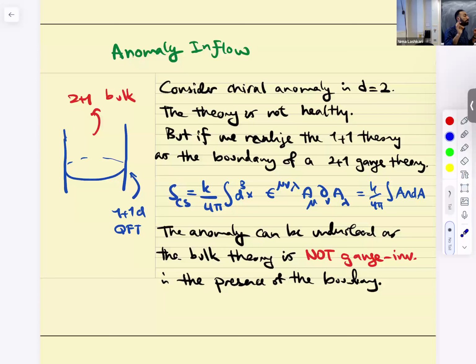In the presence of a boundary, the gauge invariance is spoiled. The boundary term, due to the sum of Chern-Simons and the regular kinetic term for the bulk gauge fields, is precisely what can calculate the anomaly of the boundary 1 plus 1 dimensional gauge theory.